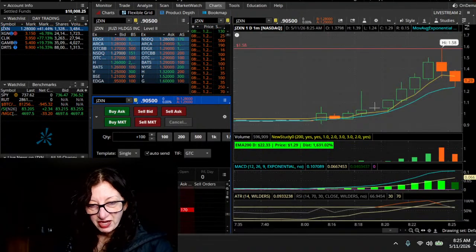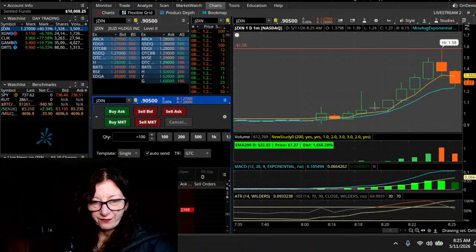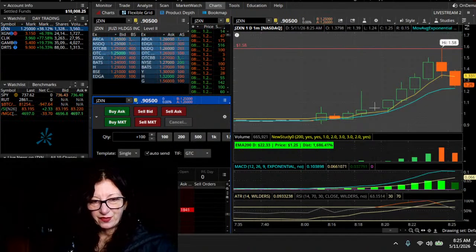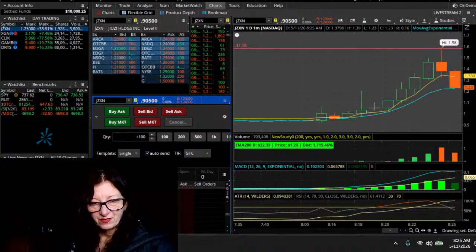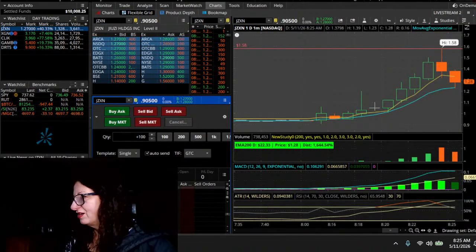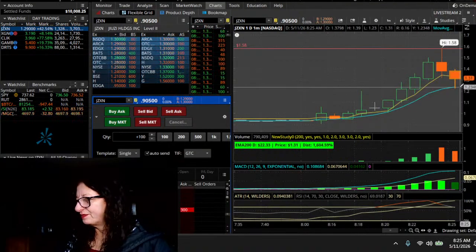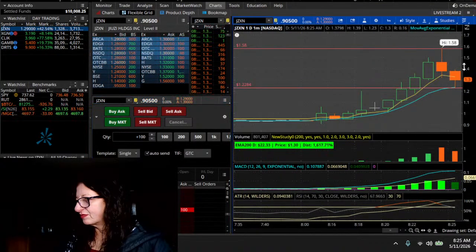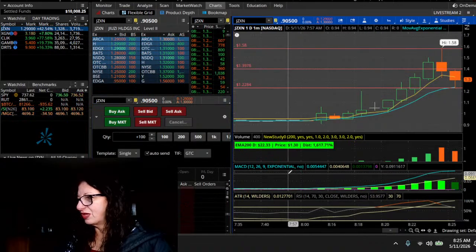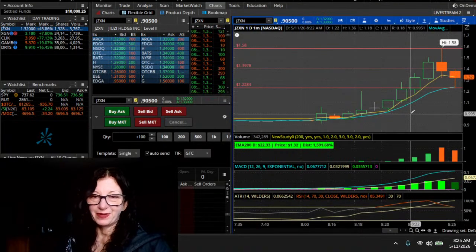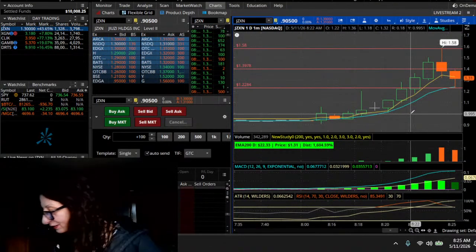There was one right at 8:21 and 40 seconds that looked like I could have got in, but I didn't. So now it's just tapping the 9 EMA. If this is the top of the low candle, that's a 1-to-1 profit ratio, but it's below VWAP. I want to see everything above VWAP.